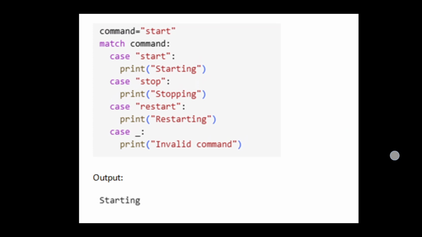Case "restart" colon, print "restarting". Case underscore colon, print "invalid command". Here you see command equal to start in the first line. So match command means match start. So case start and match start are matches. That's why starting will be displayed.